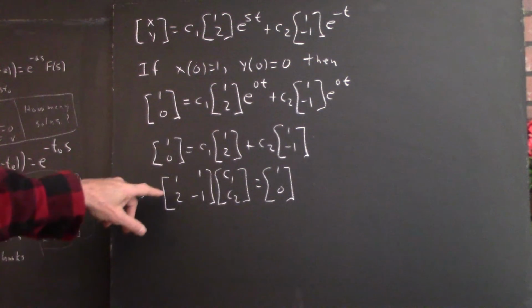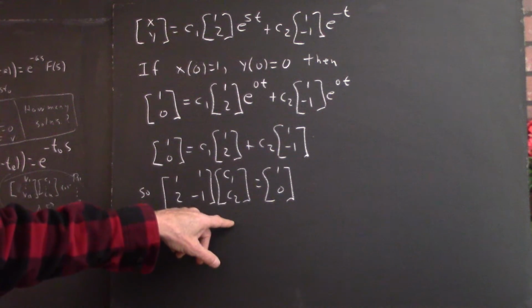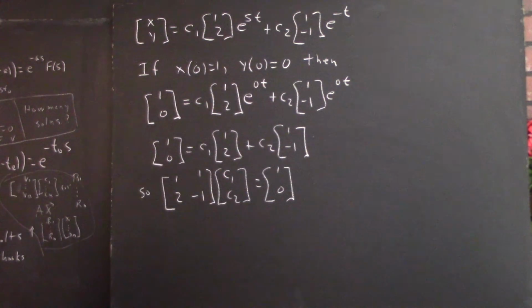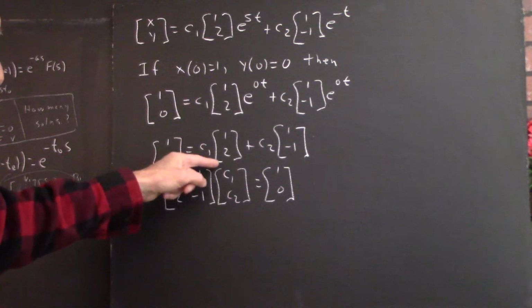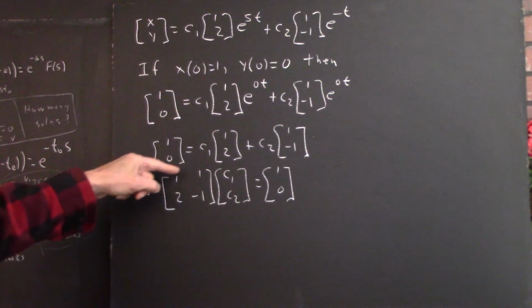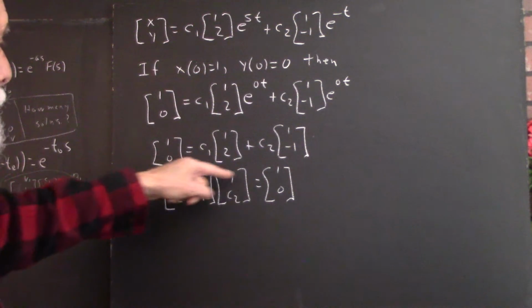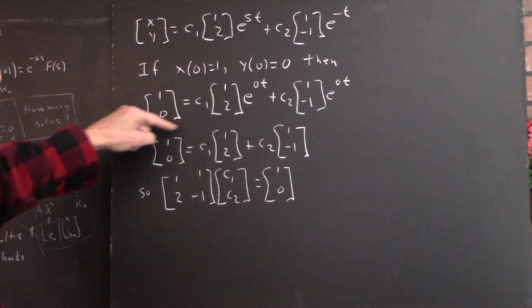So it follows that this matrix times C1, C2 is going to give you 1, 0. And you can verify that. You multiply 1 by C1 and 1 by C2, so you get C1 plus C2 equals 1, which is exactly what you would get from the equation.